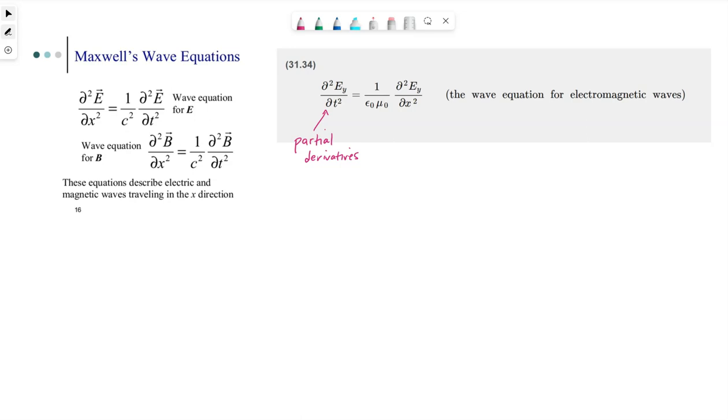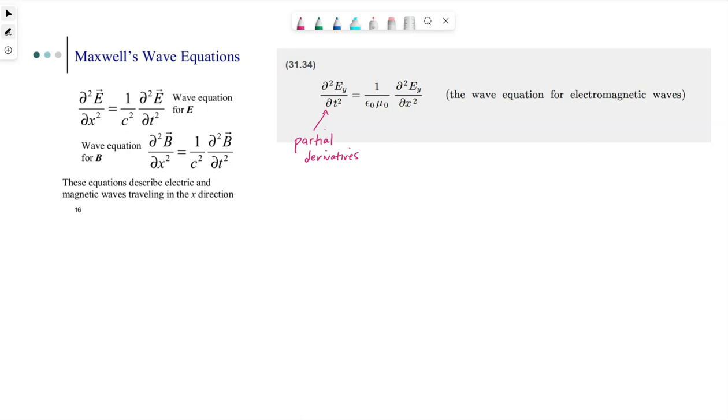Taking those four equations and writing them in terms of these partial derivatives, the form of these equations matches the form of the differential equations that represent traveling waves. In these traveling waves, they're very similar.